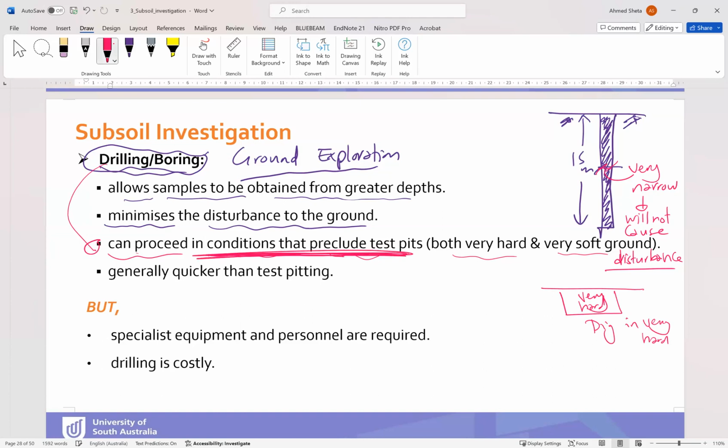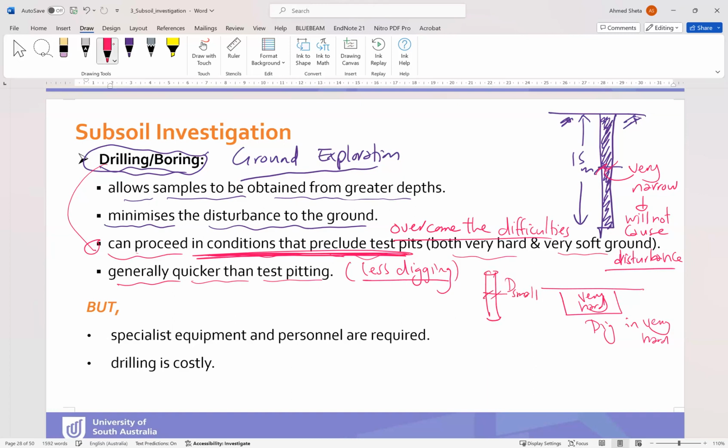So drilling can overcome the difficulties facing test pit conditions, and it is also generally quicker than test pitting because there is less digging, because it is a very small diameter.